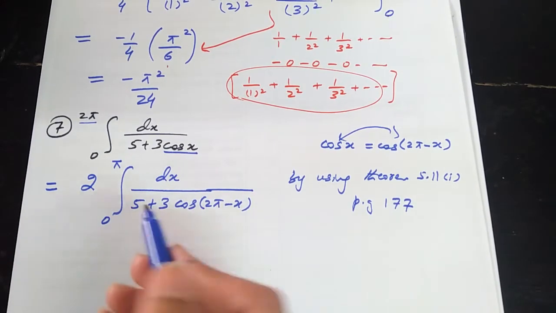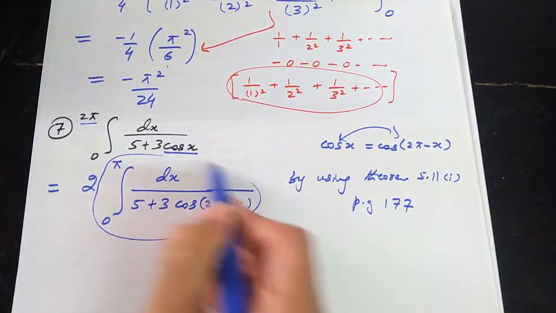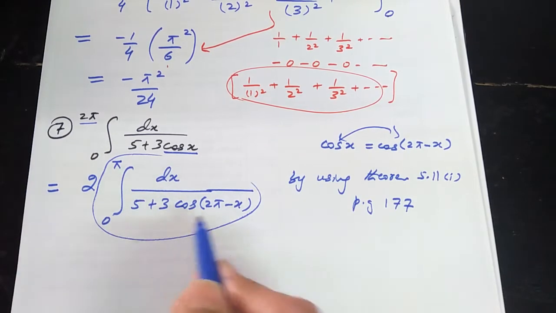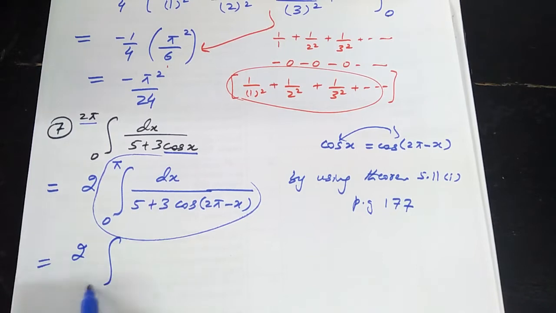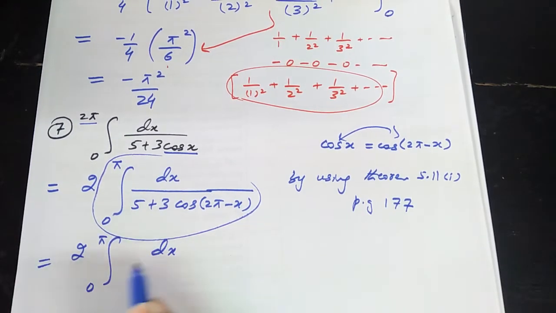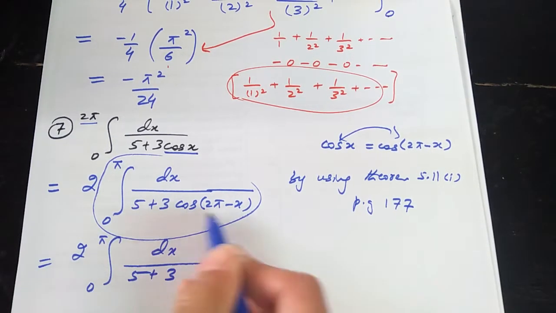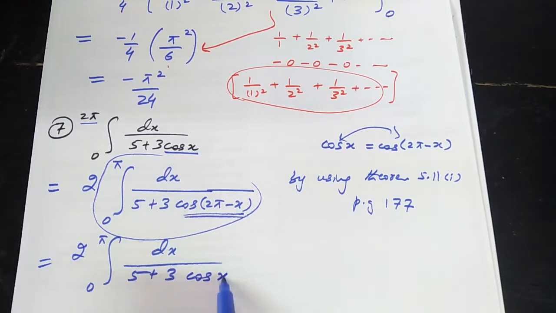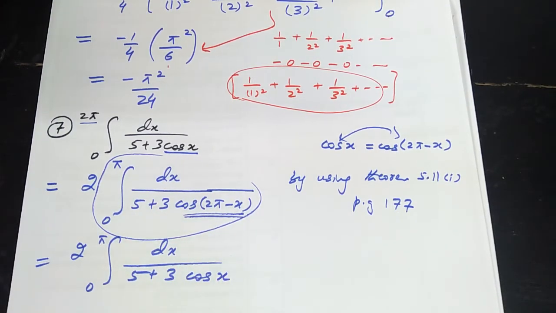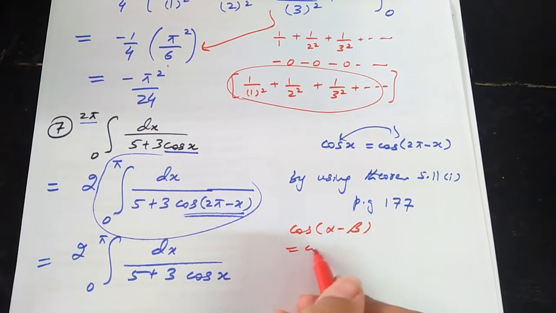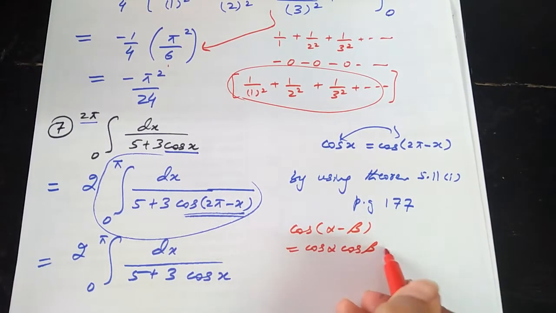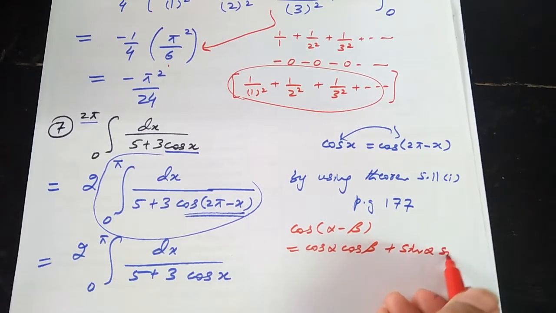Now, this integration, you can just memorize its direct formula as well after this step. Let me tell you. 2 times integral 0 to pi dx over 5 plus 3, you know that this thing is equal to cos of x. And from where can you conclude this? Using this formula, that is cos of alpha minus beta is equal to cos alpha cos beta plus sin alpha sin beta.